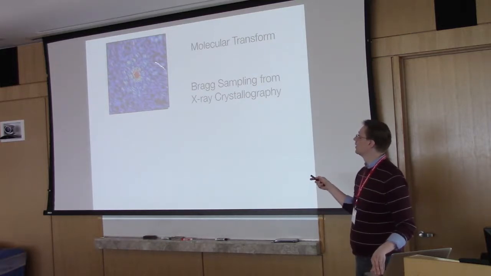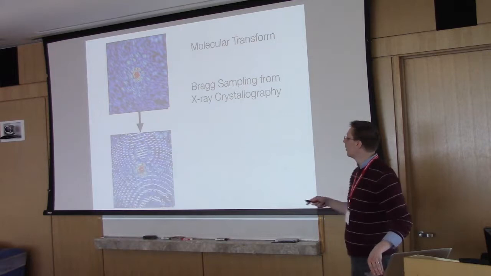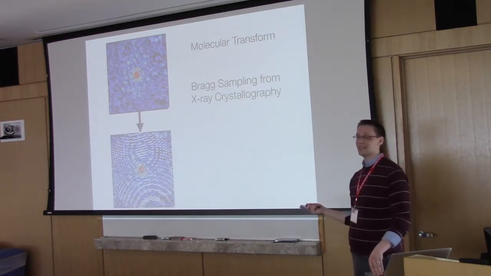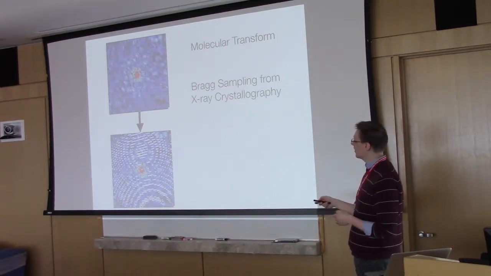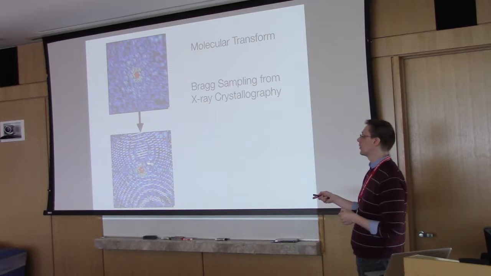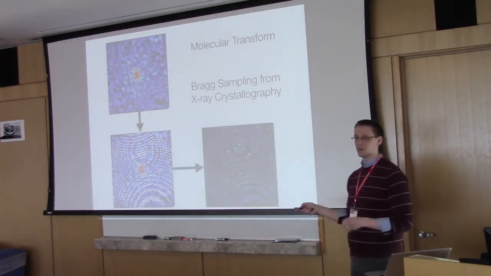And so we start with our molecular transform. And to give a comparison for those of you that are familiar with crystallography, what happens in crystallography is we have Bragg sampling. So we have our molecules ordered in this 3D lattice, and that causes us to have these specific discrete points sampled throughout this pattern, and that ends up sampling the underlying intensity profile.